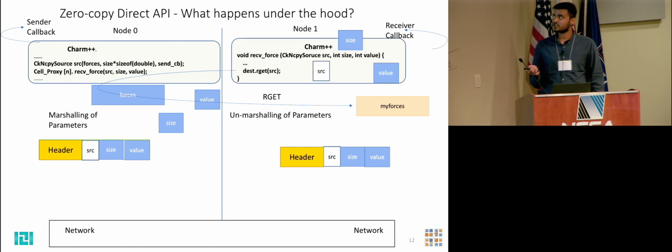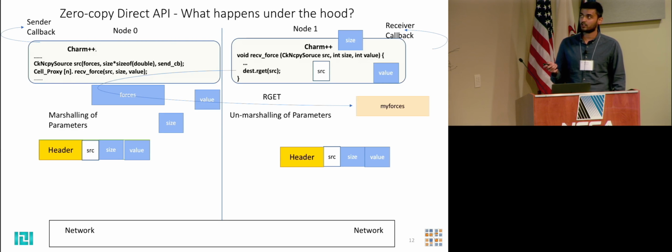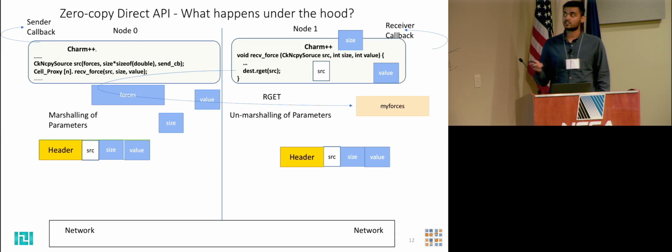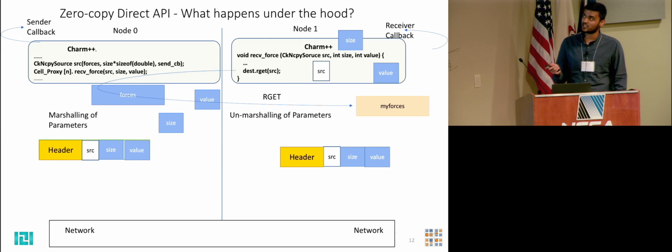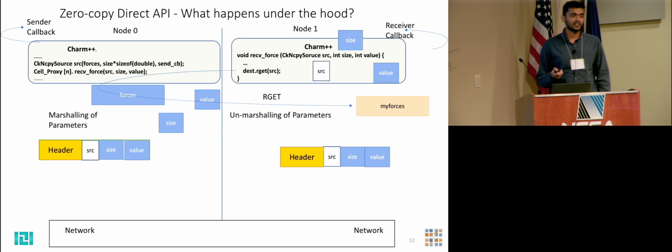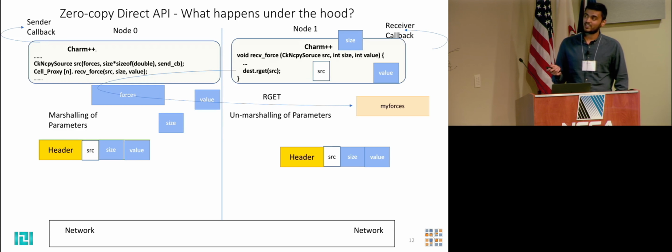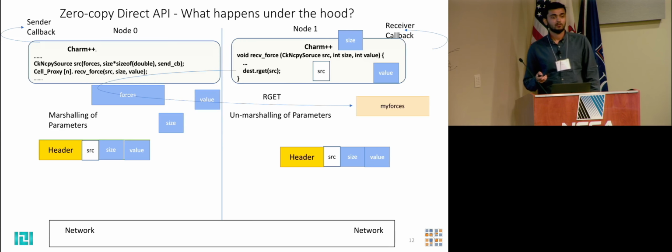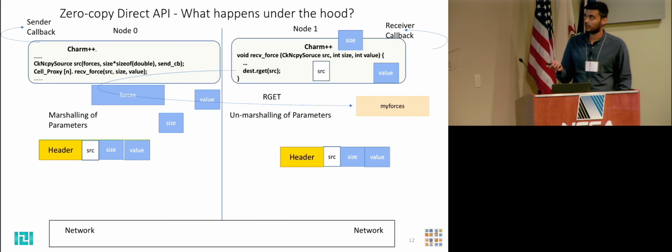And since it's an asynchronous call, there are two callbacks invoked. One to indicate to the sender that the sending is complete. Not complete in the sense that the receiver has got the object, but that the receiver is in the process of getting the object, and the sender is free to free the pointer and modify the pointer. And the receiver gets a callback to know that the asynchronous get has completed and the receiver can operate on the data now.